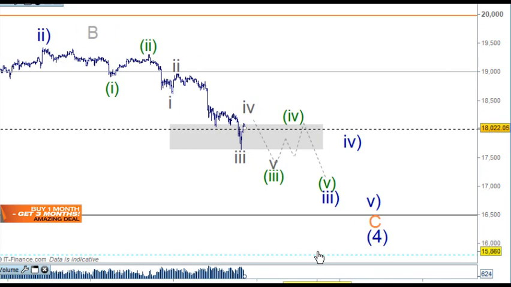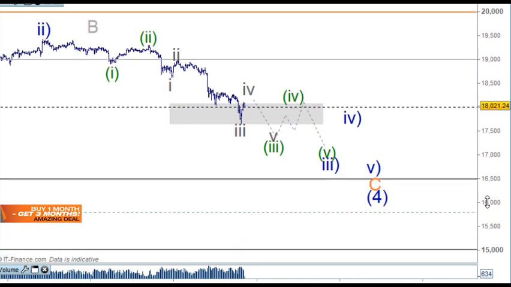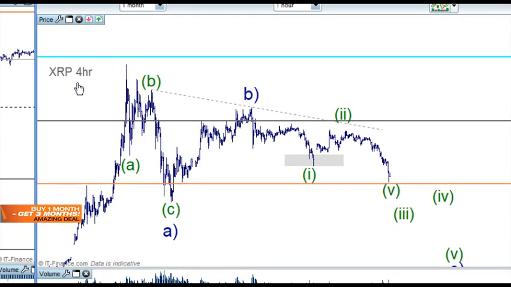So look, my best guess is that this is what we're going to be looking at. Anything further down past the 16,000, then Houston, we've got a bigger problem than I expected, but I'm not expecting that, and the reason for that is because of XRP here, because we don't have an impulse wave down through here, we have a corrective wave.